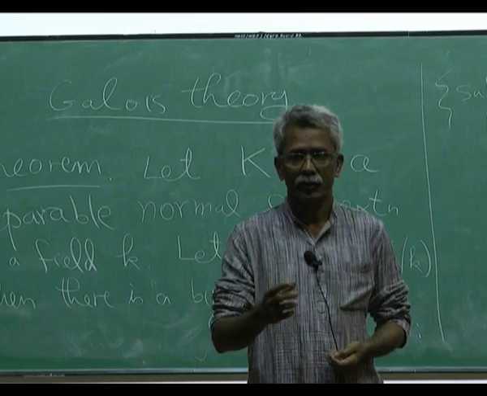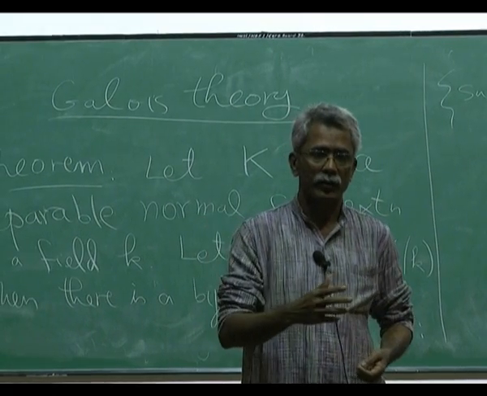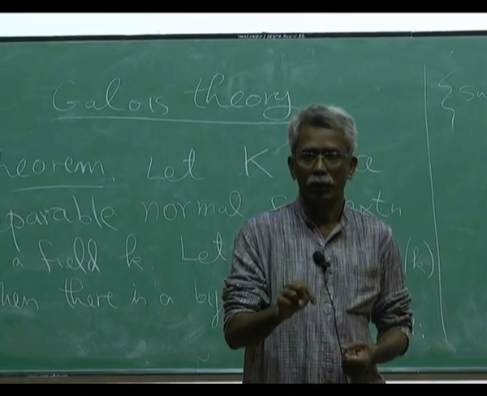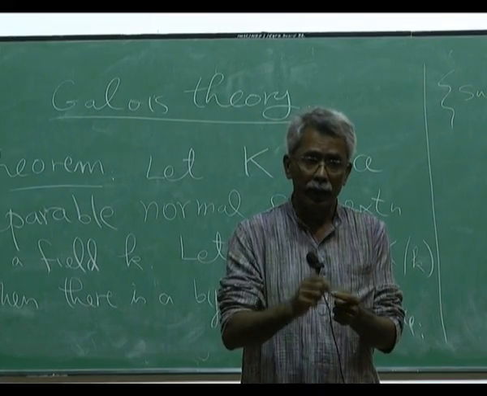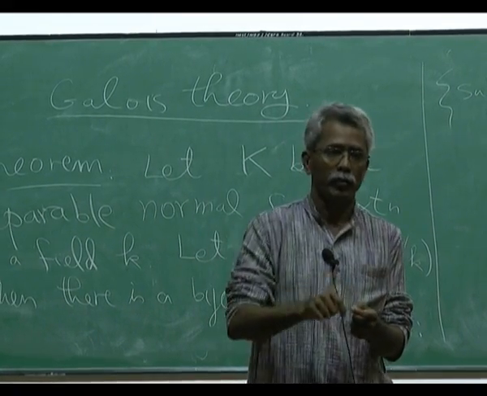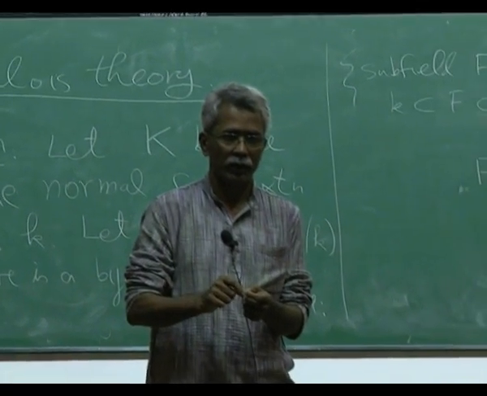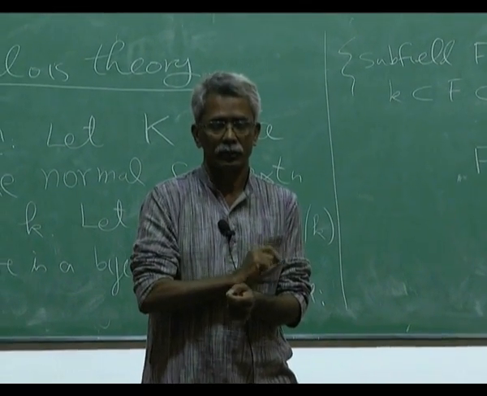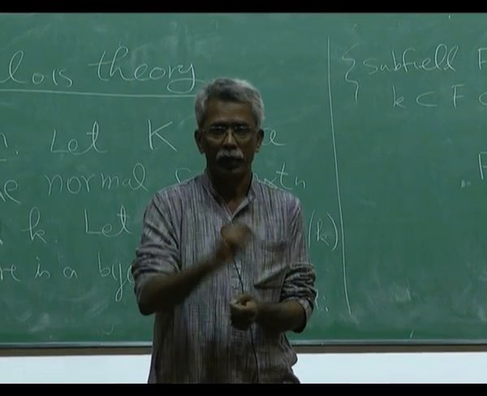In other words, capital K is viewed as a vector space over small k, and you look at k vector space isomorphisms which are also field isomorphisms. Okay. That is what is called the Galois group of capital K over small k.